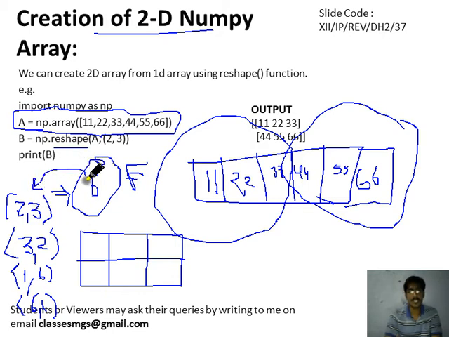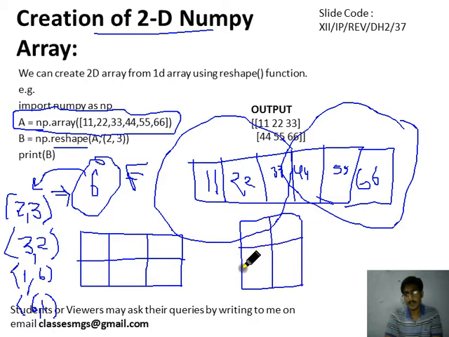So 2 cross 3 is 6, reshapeable. 3 cross 2 is reshapeable. 3 cross 2 will still have only the 6 elements, but the shape will be different. These two shapes of 1 by 6 and 6 by 1 are still one-dimensional arrays, so we will not cover these, but we will cover the other two.